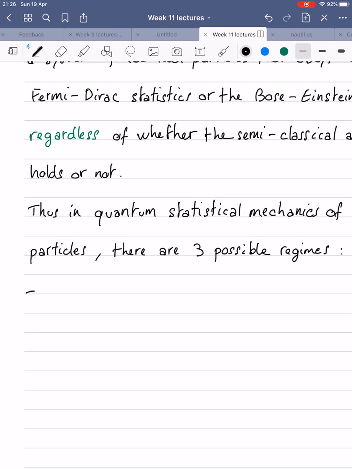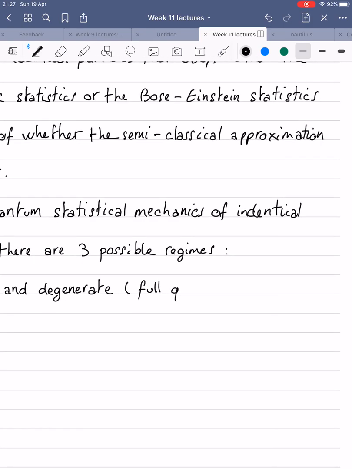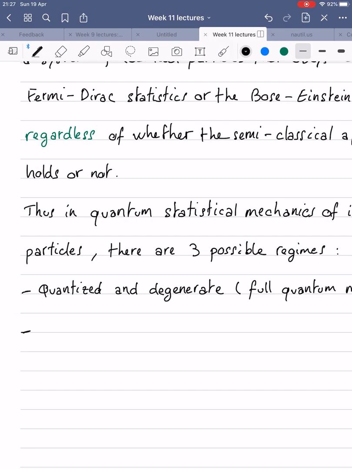The first one is quantized. So you don't do integrals, you look at discrete sums, and degenerate. In which case I will call that full quantum mechanical. You can't be more quantum mechanical than this: it's quantized and degenerate. The other regime is semi-classical and degenerate.